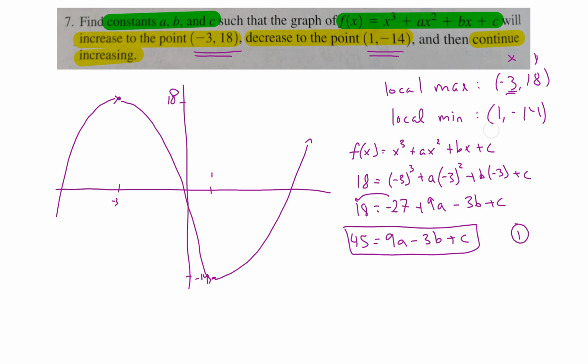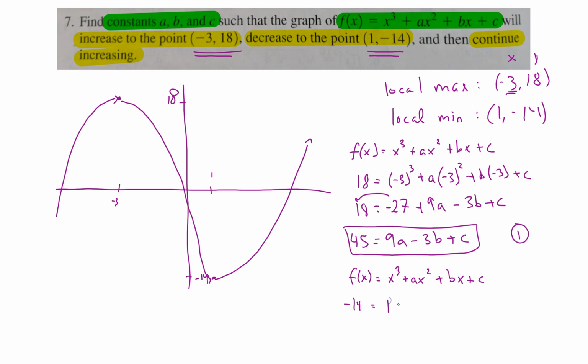We're going to do the same thing for our minimum. So f of x is equal to x cubed plus ax squared plus bx plus c. We know that it's equal to minus 14.